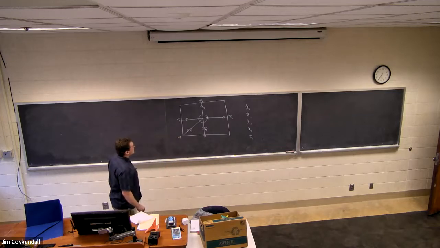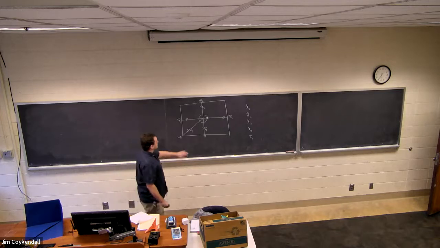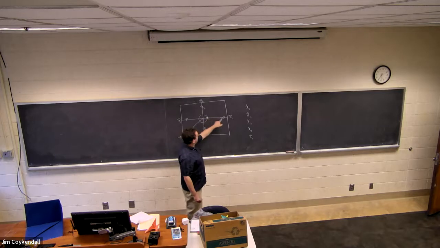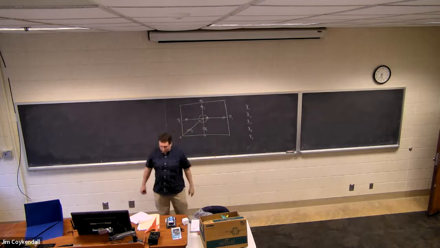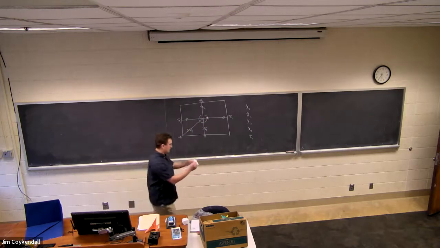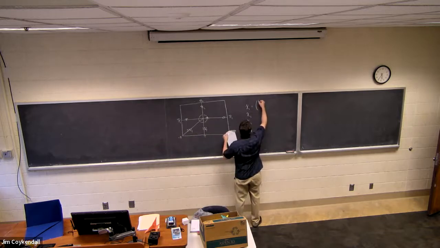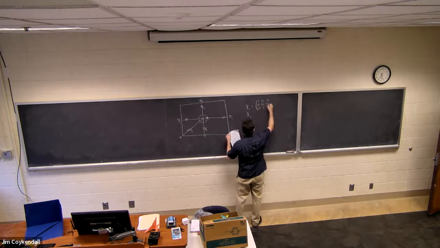So what these matrices are going to be is the rotation matrix, if you were along this edge in the xy plane, by the specified angle. So the first one is 1 0 0, 0 0 negative 1, 0 1 0.